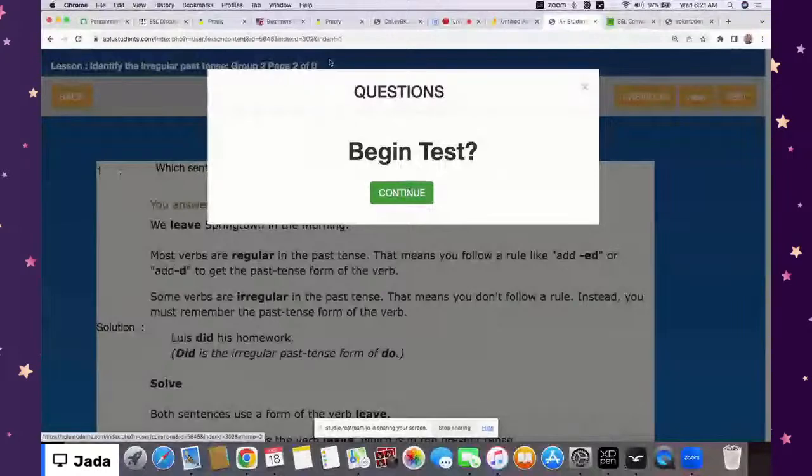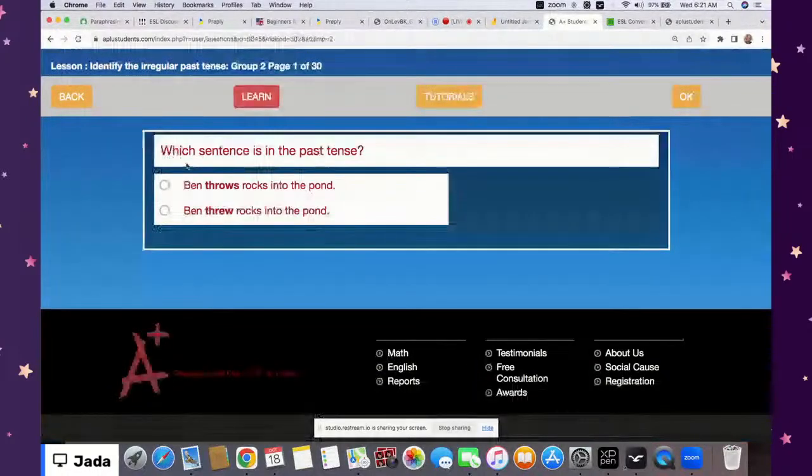You guys can send in your answer if you know them. So we have, which sentence is in the past tense? Ben rocks into the pond, or Ben threw rocks into the pond. So is it going to be the first or the second?